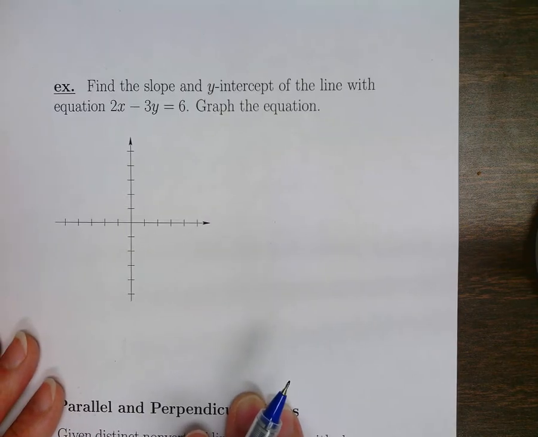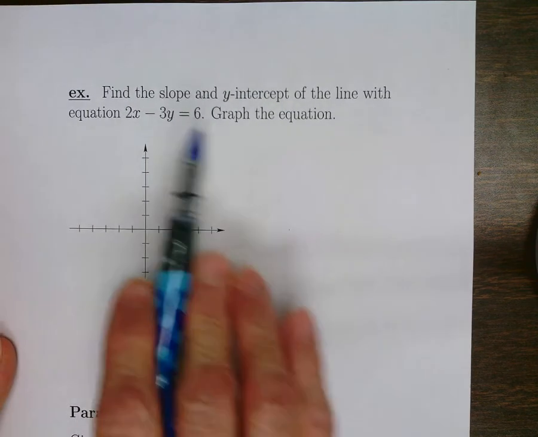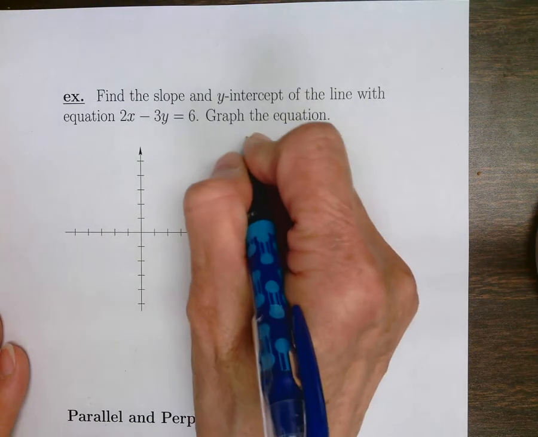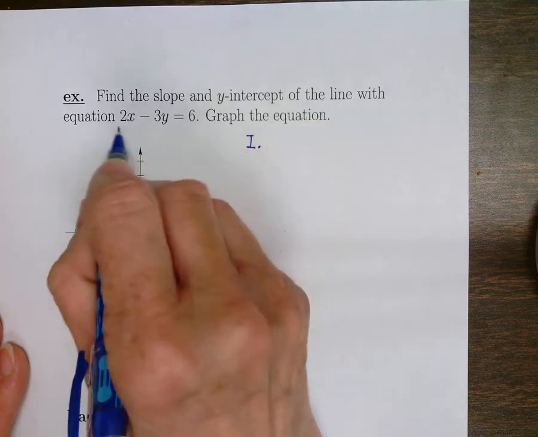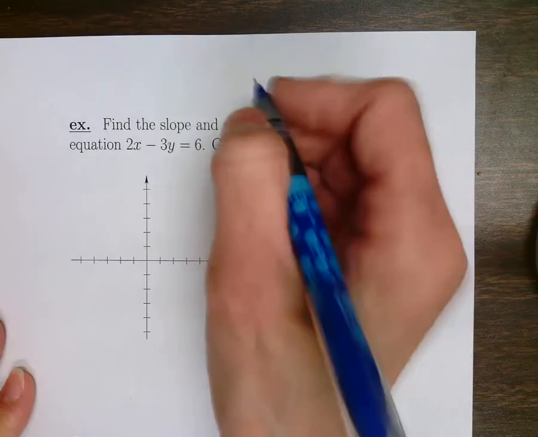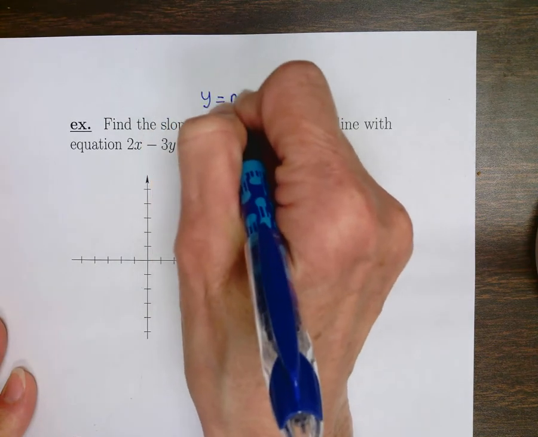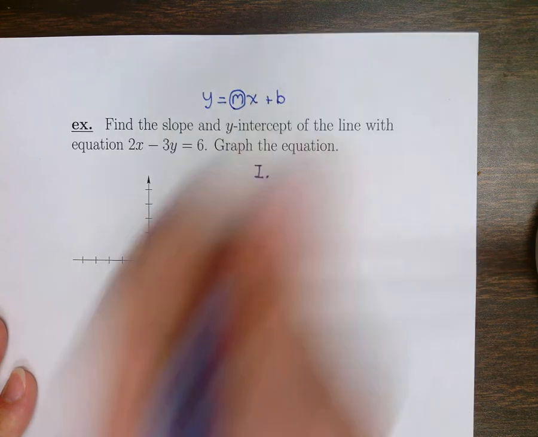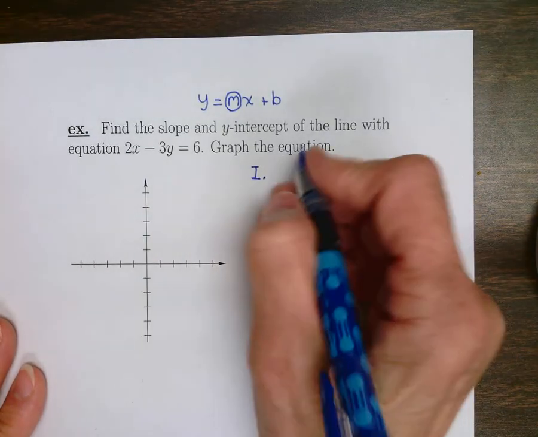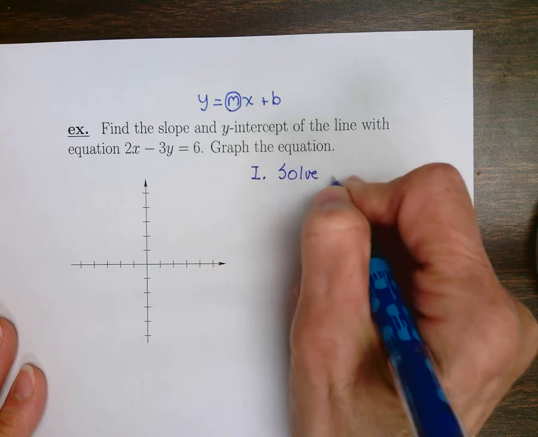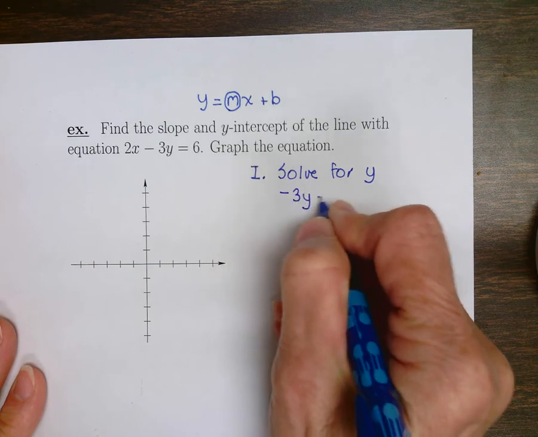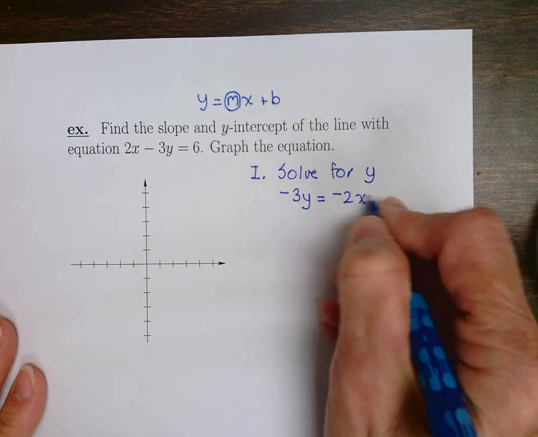Now we can also write the equation of a line which is not given to us in slope-intercept form. Okay? And so the first thing I want to do here is get this equation in slope-intercept form, and remember that is y equals mx plus b. And I like that because I know the slope and I know the y-intercept. So let's do it by solving for y. So minus 3y equals negative 2x plus 6.